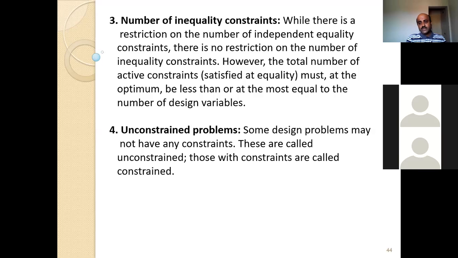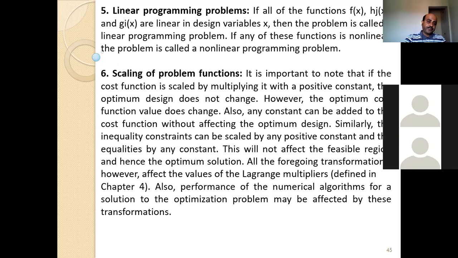When you are formulating design optimization problems or models, you will sometimes find there are no constraints on the problem. In such cases, we treat it as an unconstrained optimization problem, where there are no constraints at all. So if the model does not have any constraints, it is said to be an unconstrained problem, and those with constraints are said to be constrained. Okay, so this is the fourth observation.